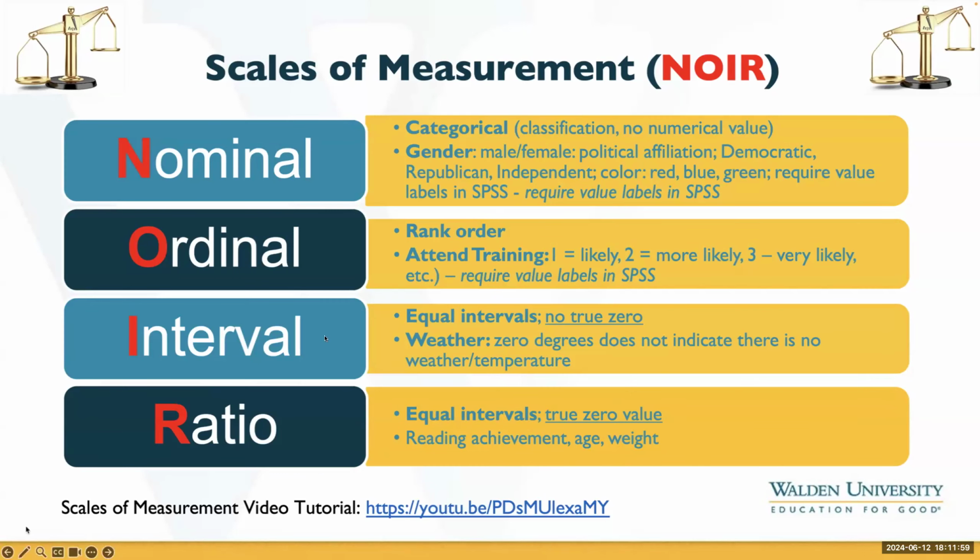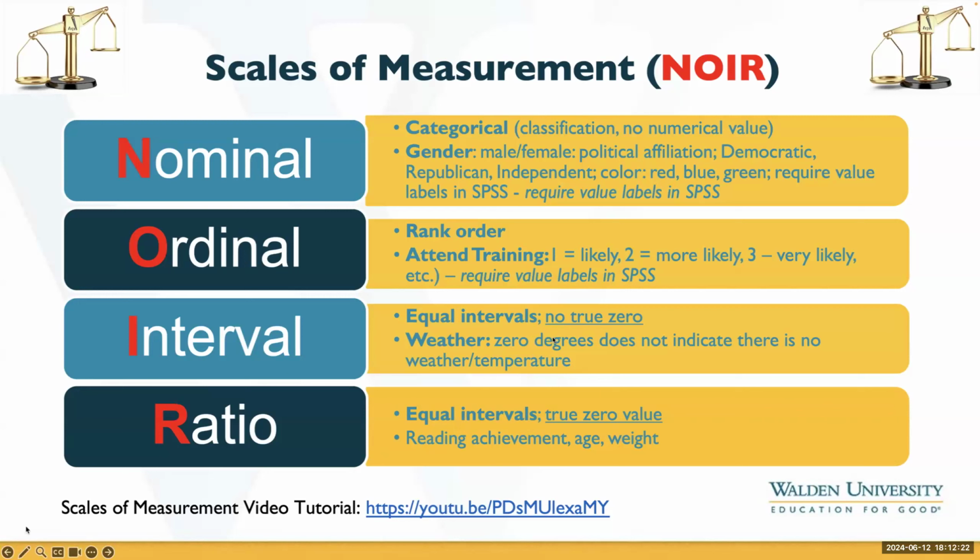Now, the next one will be the interval. And the interval are equal intervals, but there's no true zero value. And what do we mean by that? Well, let's just say that you were measuring weather, and you got up one day and you measured the weather on today's date, and it was 0 degrees.